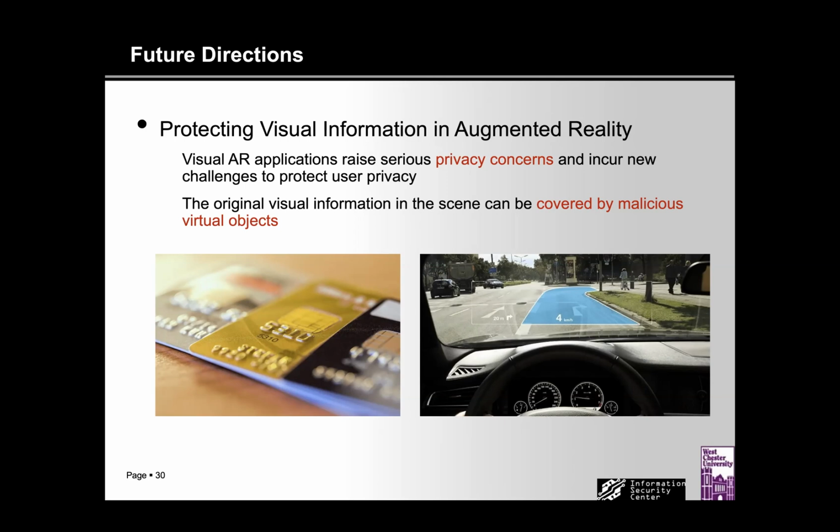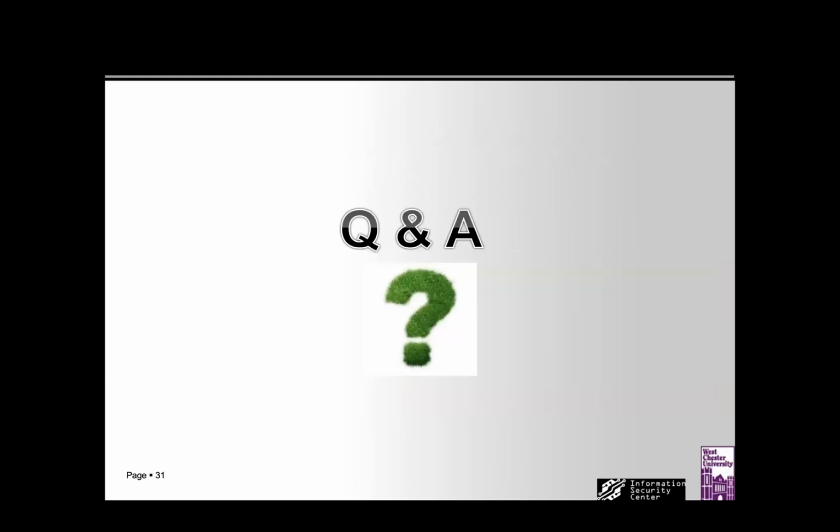So they could raise serious privacy concerns and incur new challenges. We need to carefully think about each and every mechanism and see whether it eventually creates new side channels and potentially leaks users' information. I think that's all for today for my presentation.